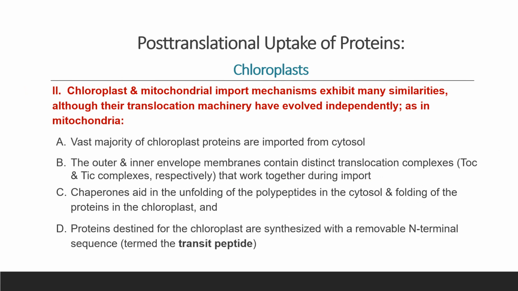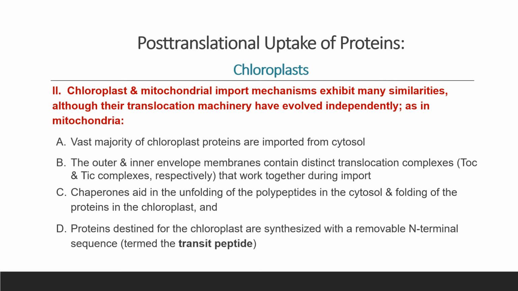Chloroplast and mitochondrial import mechanisms exhibit many similarities, although their translocation machinery evolved independently. The vast majority of chloroplast proteins are imported from the cytosol, and the outer and inner envelope membranes contain distinct translocation complexes called the TOC and TIC complexes respectively, that work together during import.